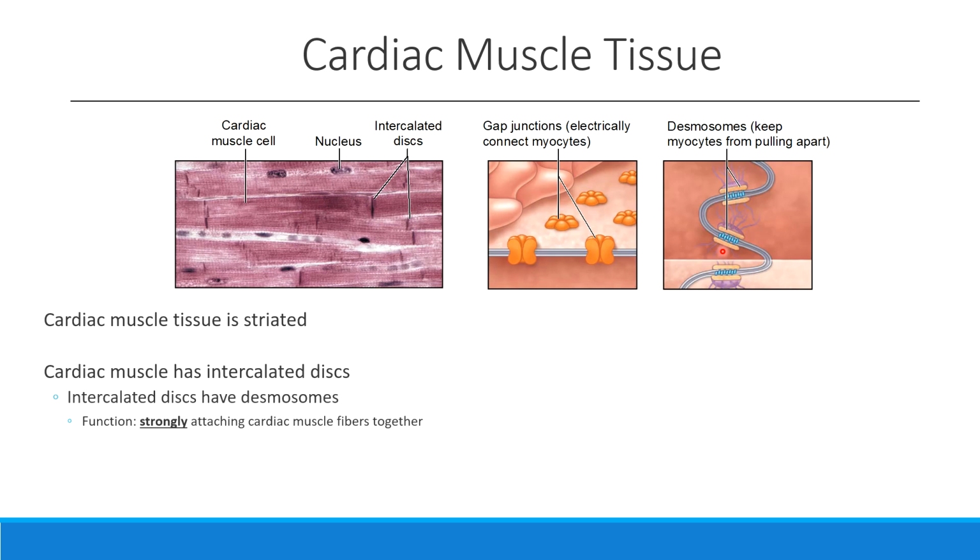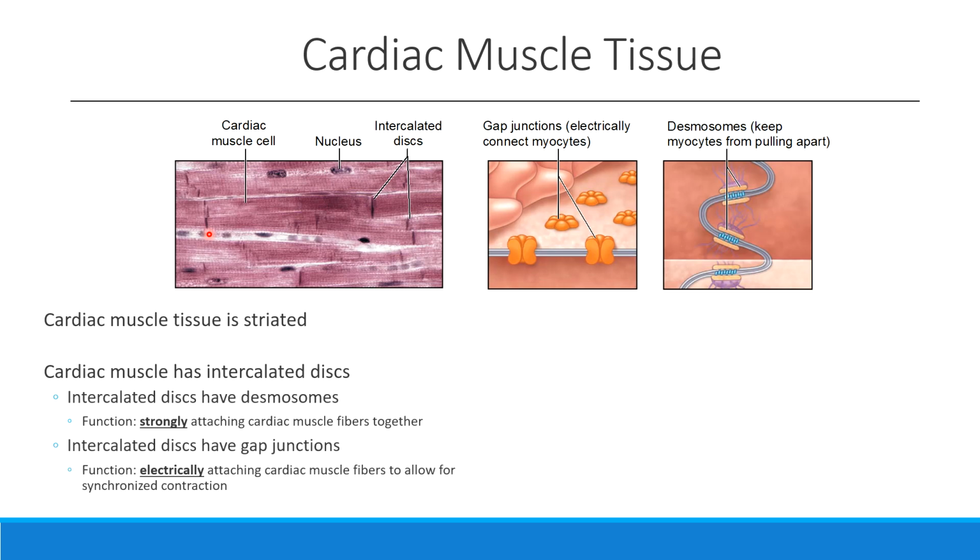So in these dark spaces that we see here, we have lots of desmosomes holding those muscle fibers together very tightly. We also have what are called gap junctions though. And when we think about gap junctions, the goal of these junctions is not to strongly attach cells together, but to electrically attach them together. So what I mean by that is when I have a message inside one cardiac muscle cell, remember that that message is an electrical charge.